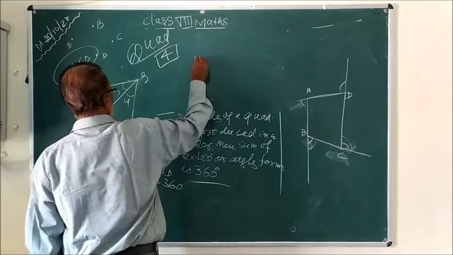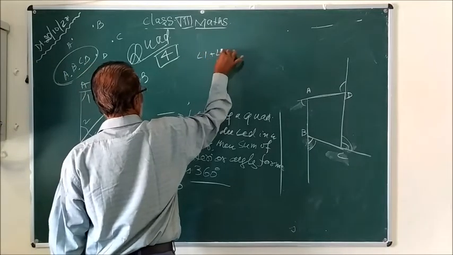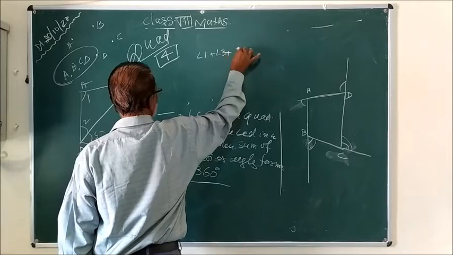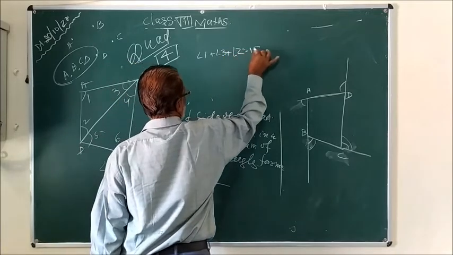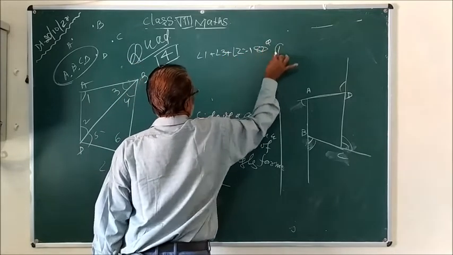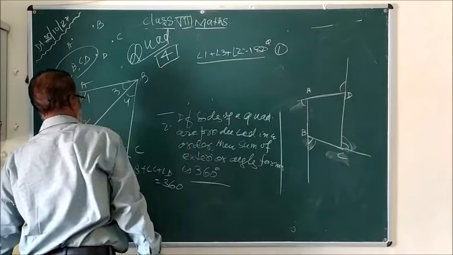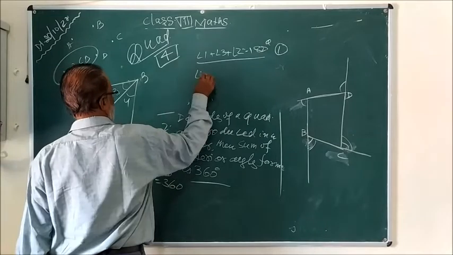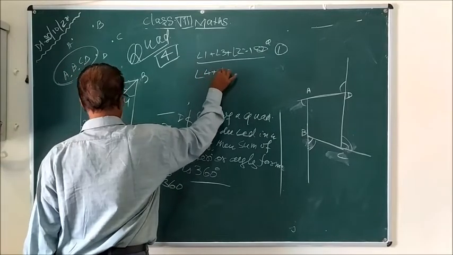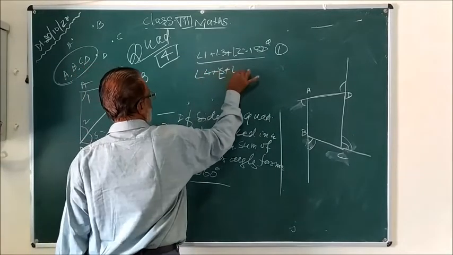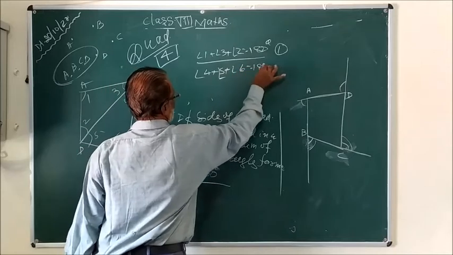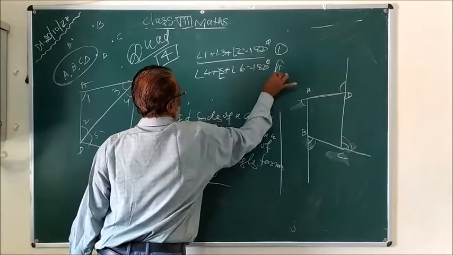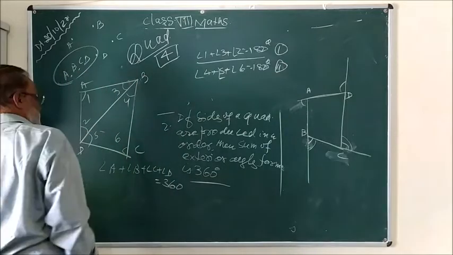The angle sum property says angle 1 plus angle 3 plus angle 2 is equal to 180 degrees. Call this number 1. Why is this? Because this is the property of a triangle. And similarly, angle 4 plus angle 5 plus angle 6 is also equal to 180 degrees. This is number 2. What are we doing? We are trying to prove it.